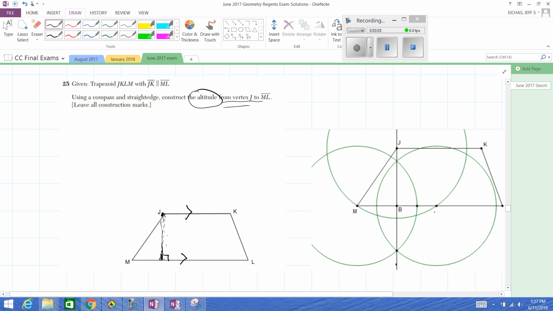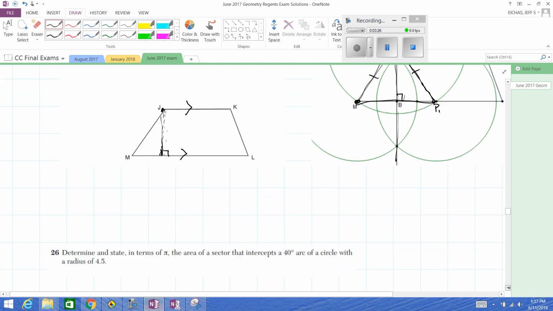Remember, this point, let's call M, and maybe this is point P1. What happened was these 2 segments are the same, so this is an isosceles triangle. And what I constructed here was the perpendicular bisector of these 2 points, which gives us the perpendicular, and it hits J. Okay, so that's it.